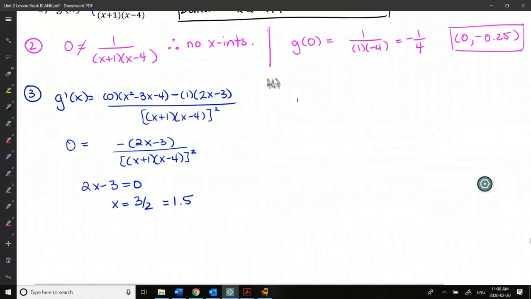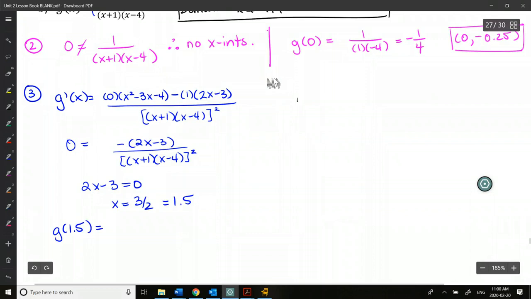And then you're just going to evaluate g at 1.5 so that we have the point. So plug that into your original function. You guys got negative 0.16?